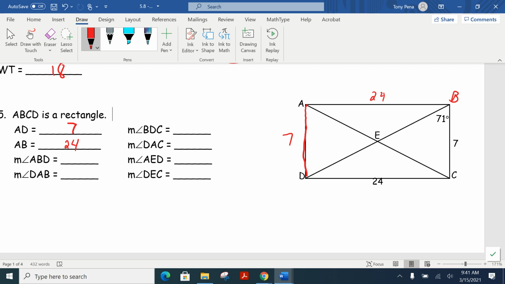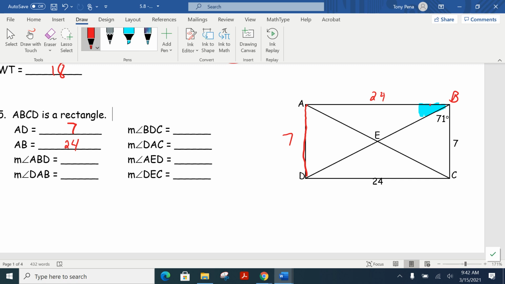All right, then angle ABD. So I am looking for this angle right here. So what we said is a rectangle is first and foremost a parallelogram. So all those properties of parallelograms apply to this. One of the unique properties of a rectangle that brings it down our little flow chart that we had drawn, that makes it a little bit different than just a regular parallelogram, is that they have 90-degree angles.